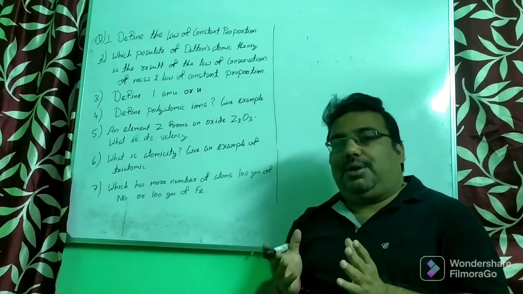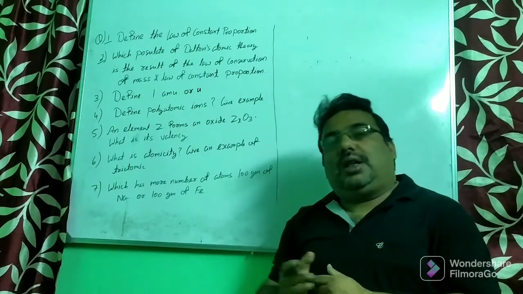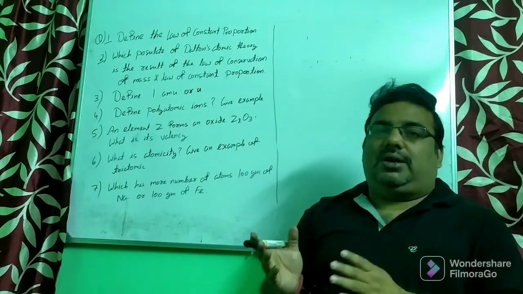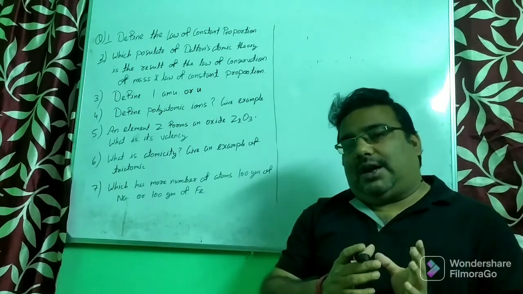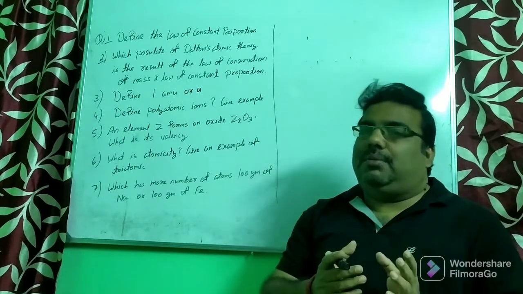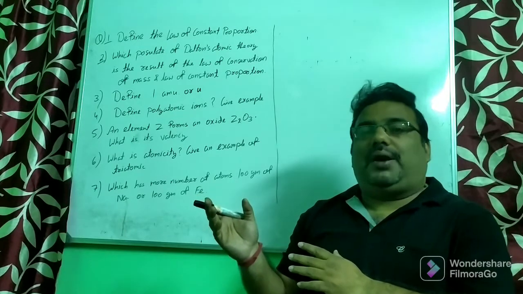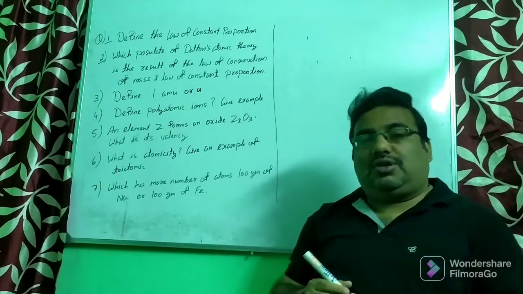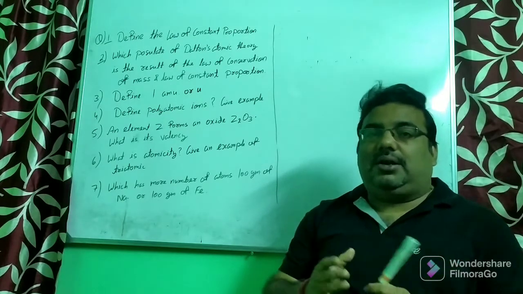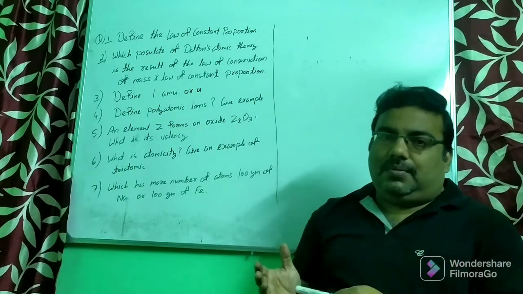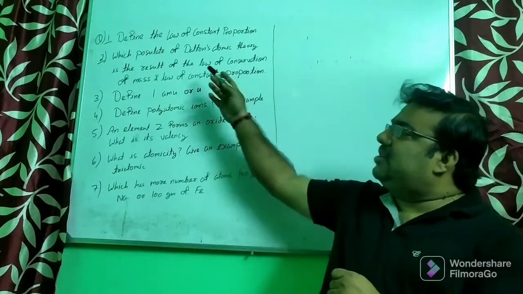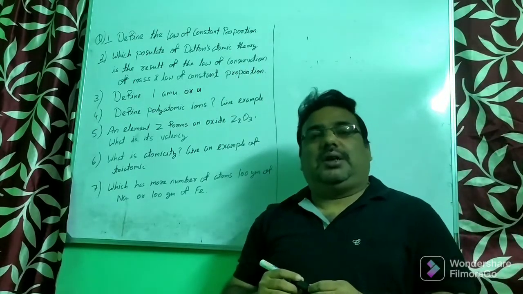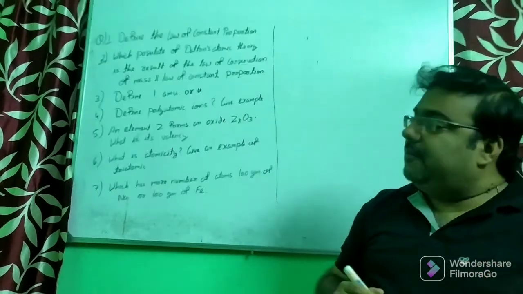Because atoms can neither be created nor destroyed, the number of atoms of different elements on the reactant side is the same as the number of atoms on the product side. And when the atoms are the same, their masses are also the same. So the total mass of reactants is equal to the total mass of products. But we have to write simply the postulate: atoms are indivisible, and can neither be created nor destroyed.